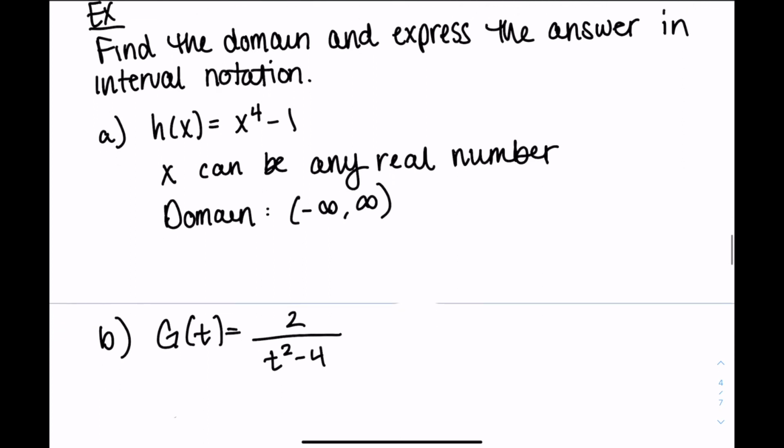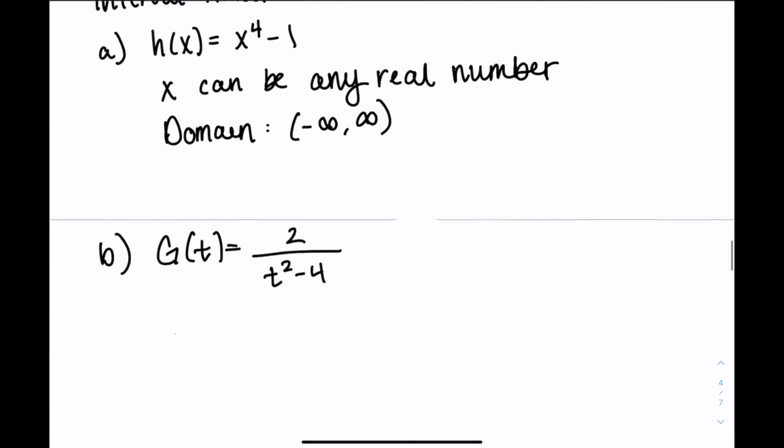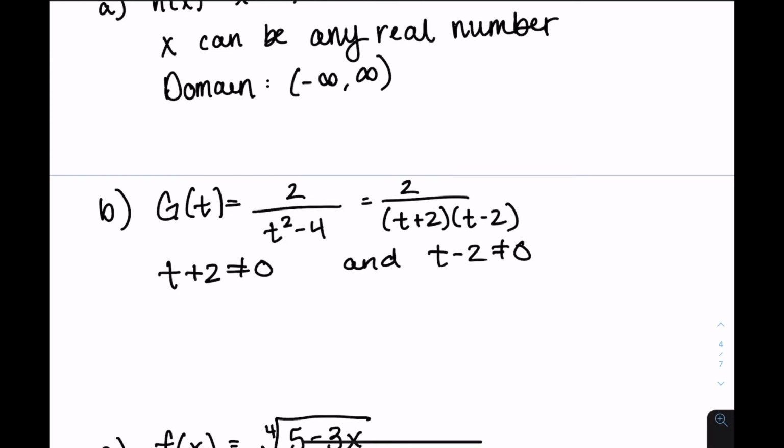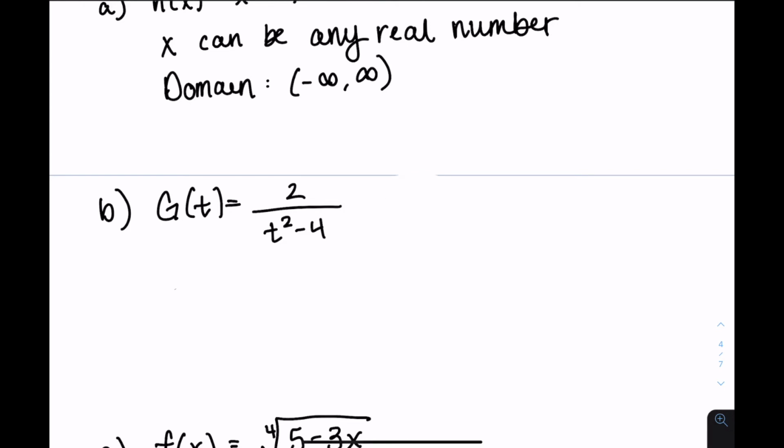If we look at the function g of t equals 2 over t squared minus 4, you have a bit of a problem. So we need that denominator to not equal 0.